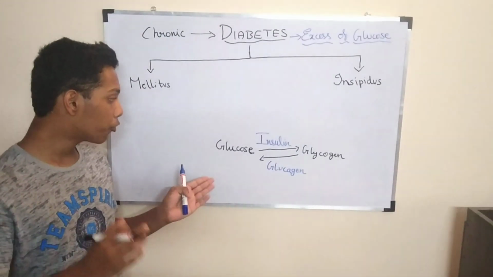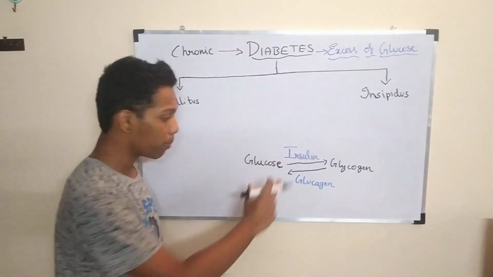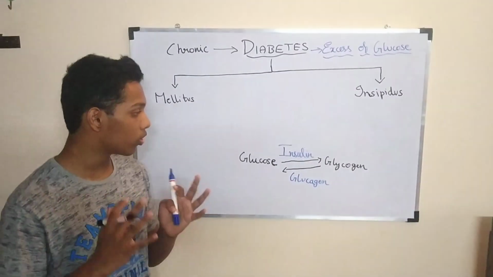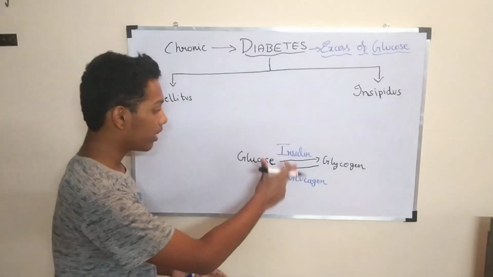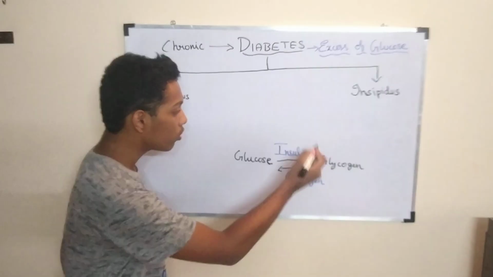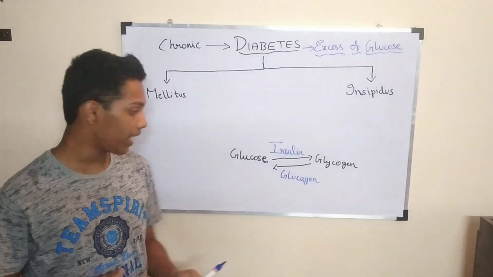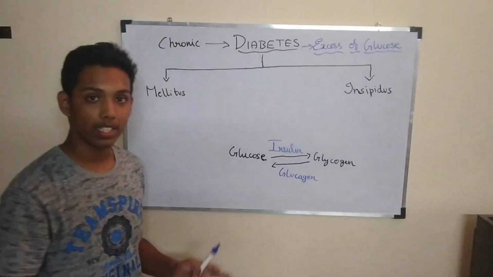So first, we take in glucose. To store that glucose, insulin is required because the liver cannot store that glucose directly. Insulin converts glucose to glycogen and then it is stored. And after that, to convert glycogen back to glucose during emergency or flight conditions, glucagon plays an important role.